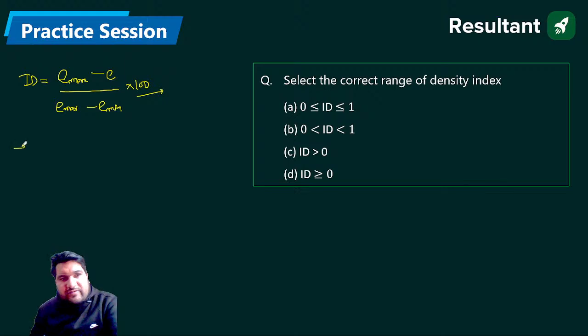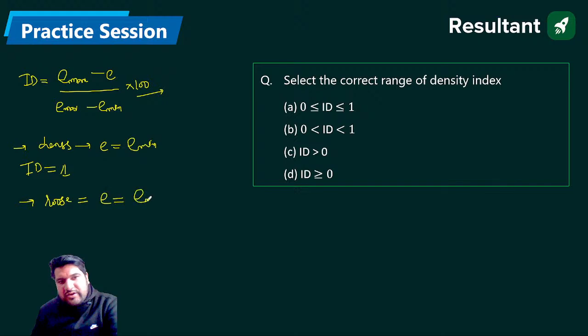If the soil is at the dense state, your natural void ratio e will be e minimum. In that case your ID will be 1 simply. If the soil is in the loosest state, your natural void ratio e will be equal to e maximum.